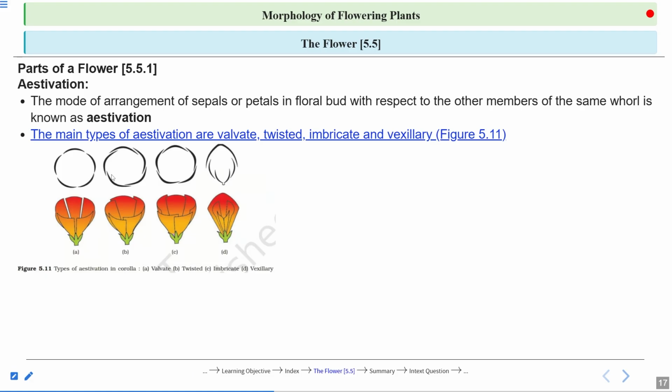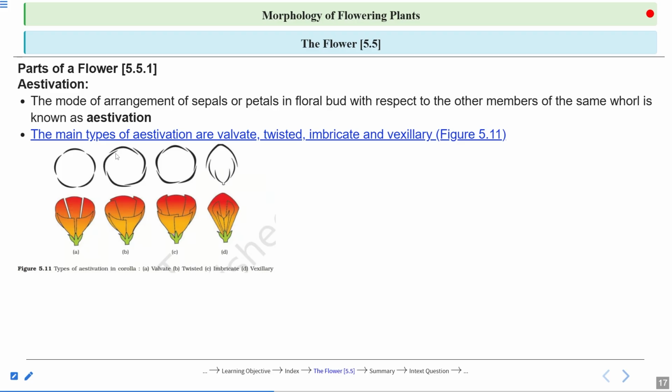And see what the definition is saying: arrangement of sepals or petals in the floral bud with respect to the other members of the same whorl. So this is one member and this is the other member of the same whorl, right? So this end is upward, and now this becomes down, this becomes upper, this becomes down, this becomes upper, right?